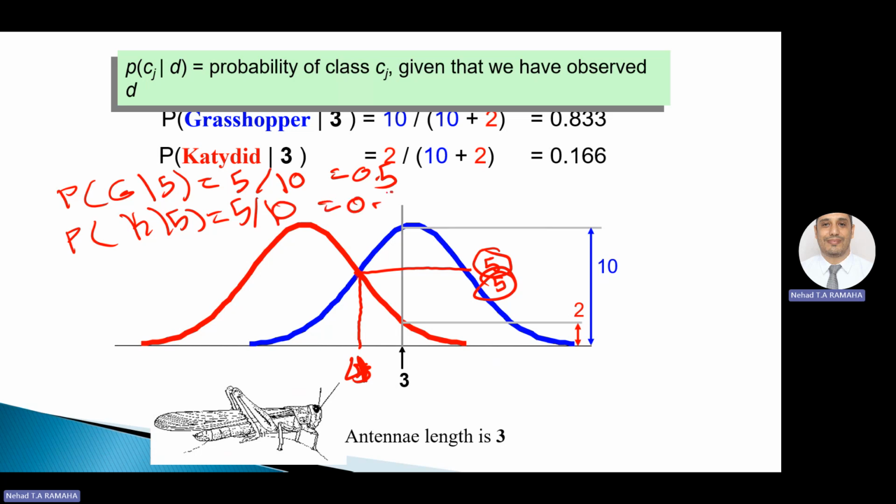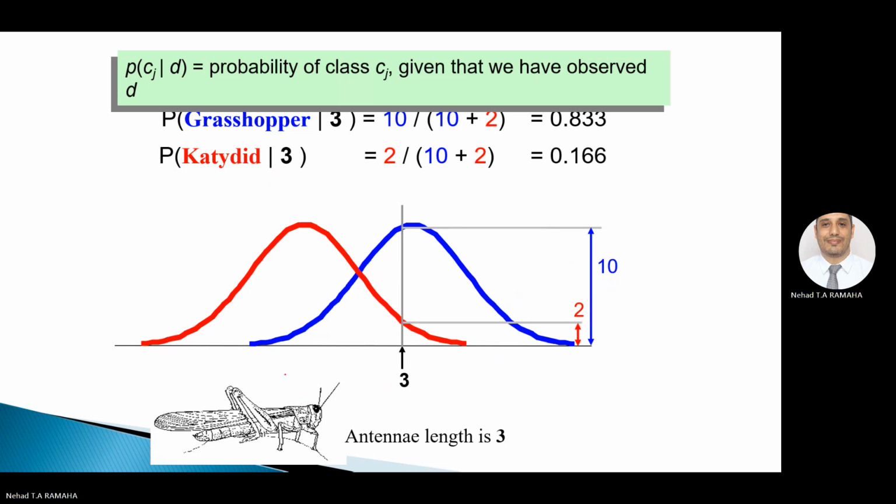So it's equal to 0.5. This 4 is the length of the antenna, but we speak about the probability of this one or of this one. It's the number of katydid divided by the total number.